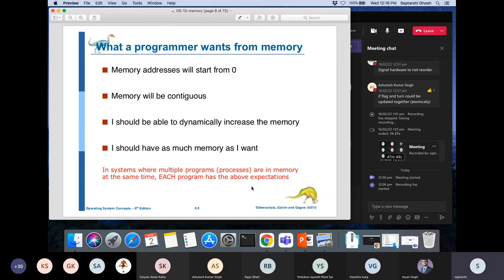So this is what the programmers want or expect from the memory. But now, this is not possible physically. Like, as I said, in a physical memory, you cannot have multiple programs starting from address 0. So then what needs to be done? That is what we will be discussing in this chapter. If you have any questions in between, feel free to ask.